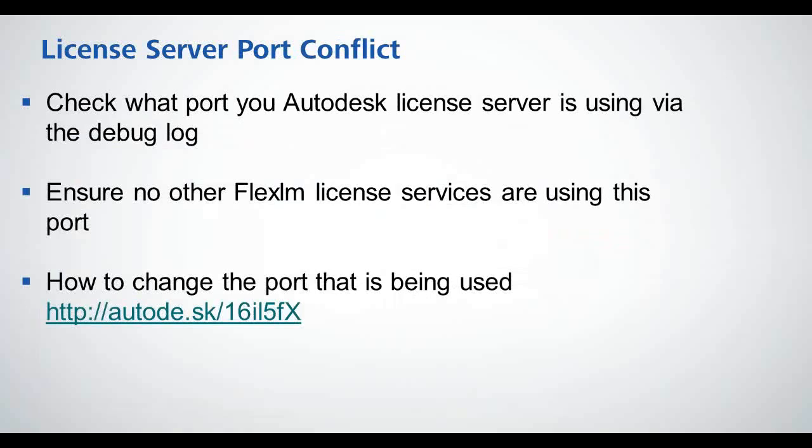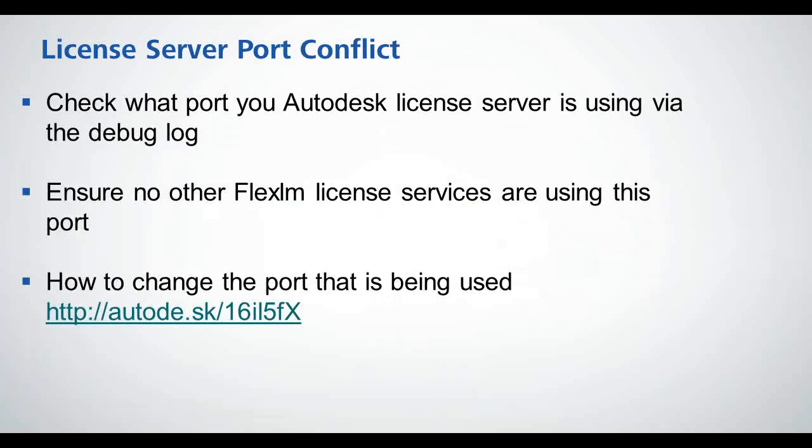Any port within the range 27000 and 27009 is automatically going to be checked by Autodesk software when it launches. If you use a port outside of that range, then you'll have to specify it on the clients too. But usually, best practice, use something within that range. That'll save you some administration time of having to change anything on your clients, and hopefully you're not running 9 license services that are using things within that port range.